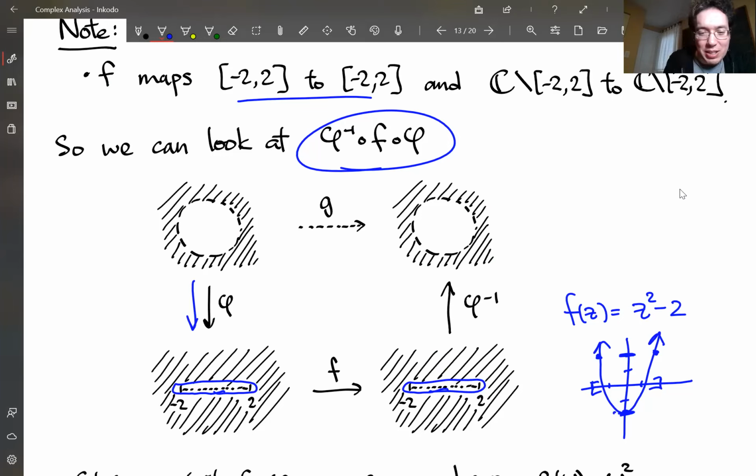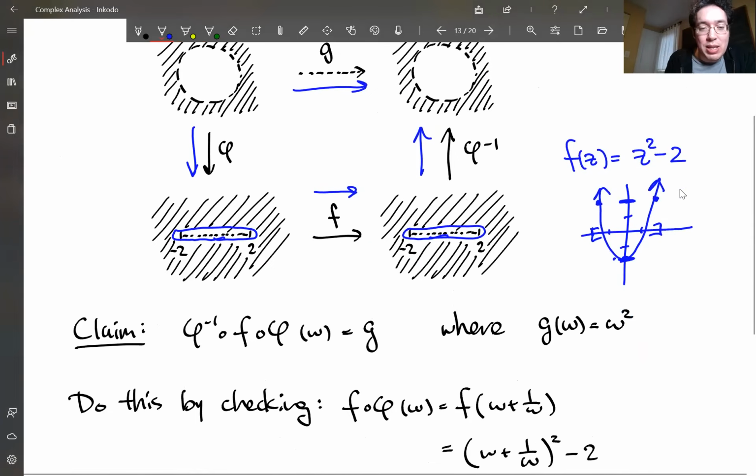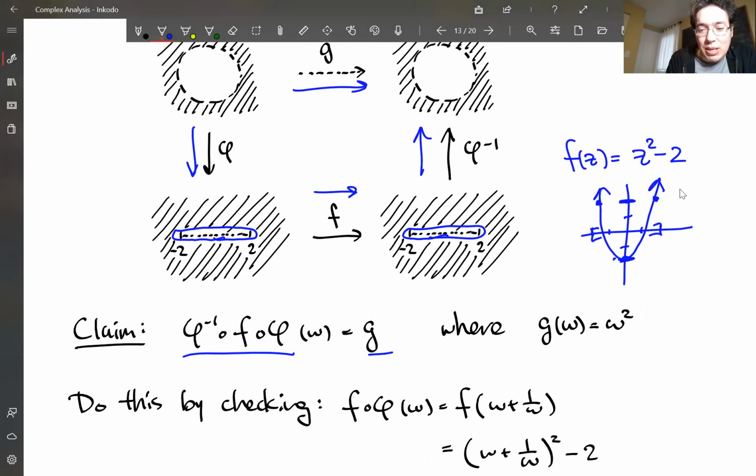So we're going to take this very complicated 3-step process and end up with this function g that maps from outside of the unit circle to outside of the unit circle. So the payoff is that we discuss complicated functions, but the function g is actually very simple. We reduce this to a simple function. So the claim is that this map g is the square function.